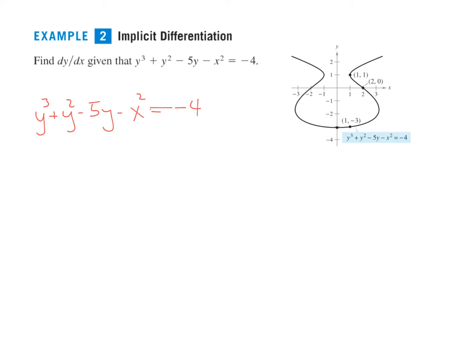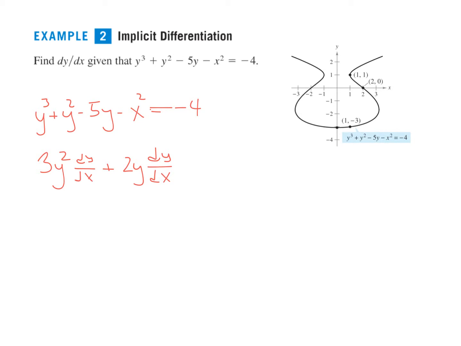So the derivative of y cubed is going to be 3y squared, and then I have to put dy/dx at the end of it. And then plus the derivative of y squared, which is just 2y dy/dx.